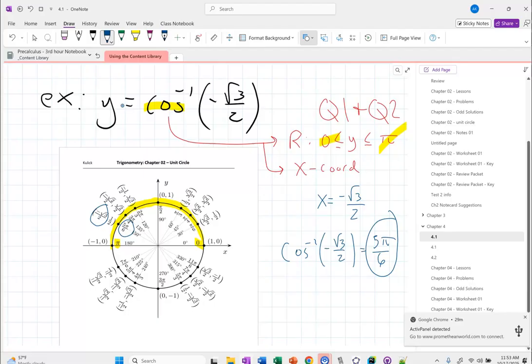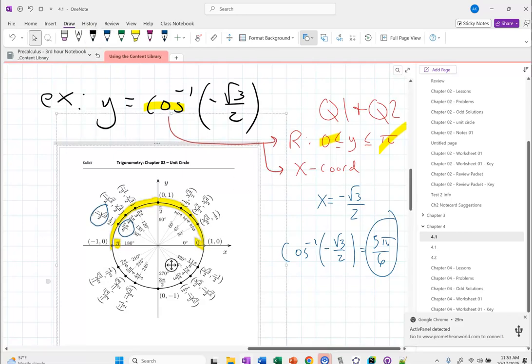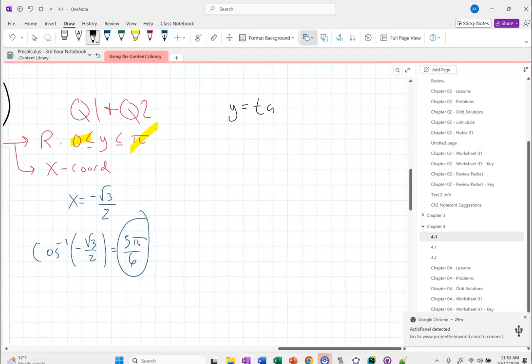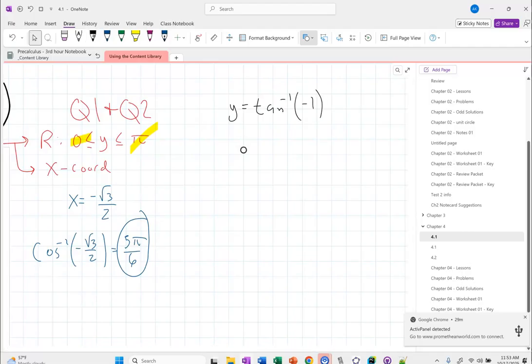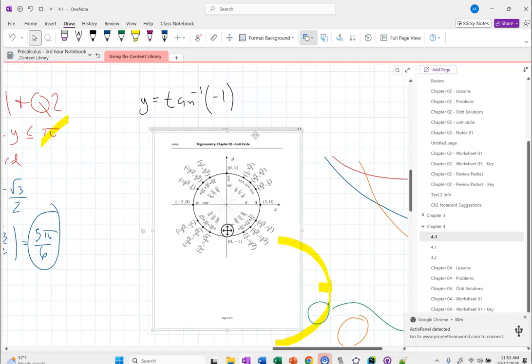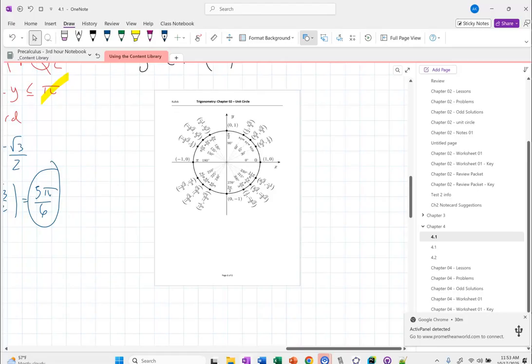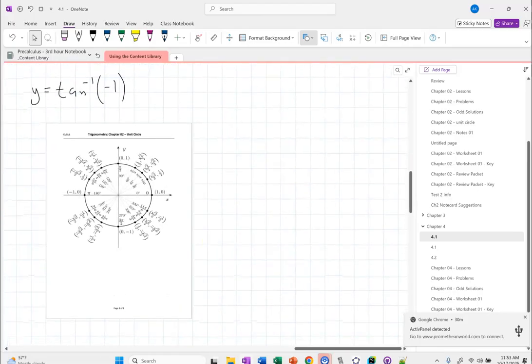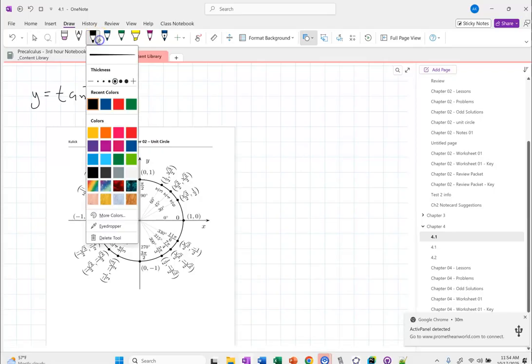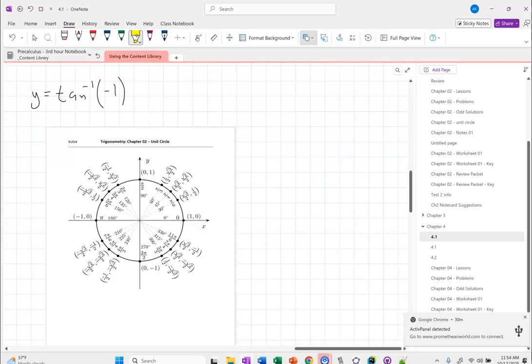Should we do more? Let's keep going, right? First thing I do is look at which type of inverse I'm dealing with.